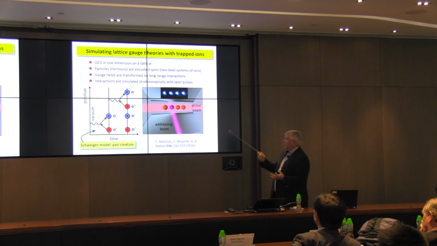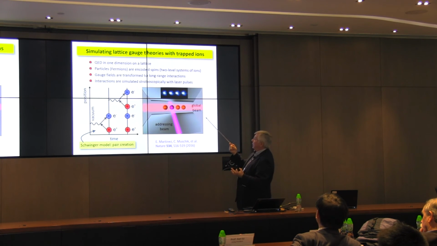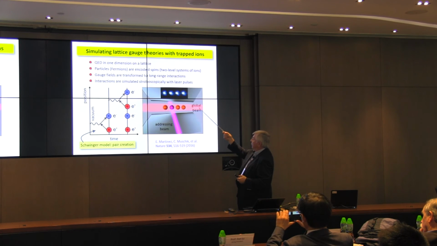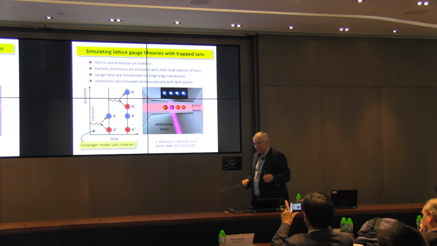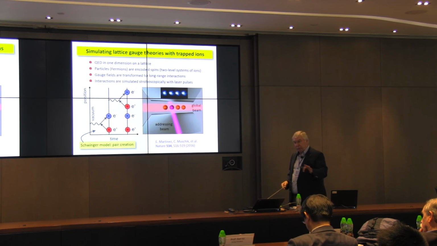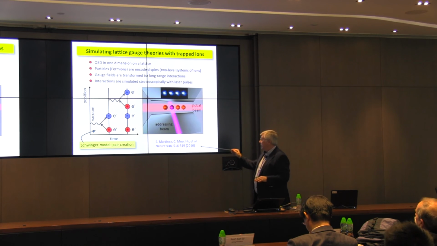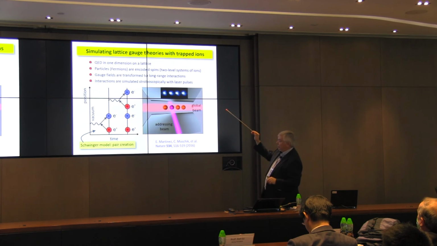Essentially, as I said, this is nothing but QED in one dimension on a lattice, and we of course encode our particles, in other terms the fermions, in spins, or two-level systems, and the gauge fields, and that's something that was done by the theorists before we actually started, are transformed into long-range interactions. I don't have the time to show you how this is done. I can refer you to some papers here on how this works. But this was handed down to us by the theorists, and I'll show you the Hamiltonian in a minute.